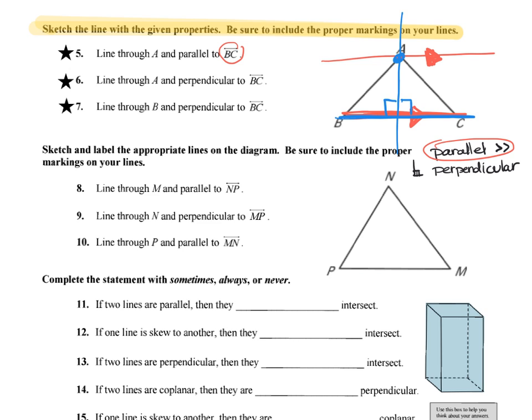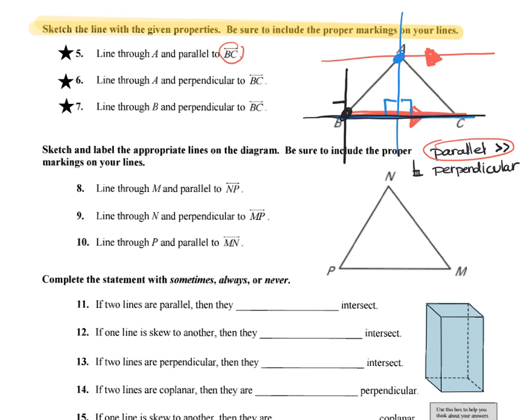The last question says that we need to draw a line through B, and it has to be perpendicular to BC. So for the last question, we have to go through B, and we have to be perpendicular to the bottom again. So we are looking for 90 degrees, and that means we again are going to go straight down.